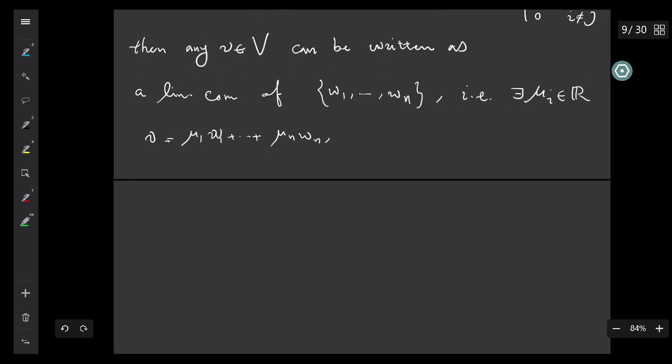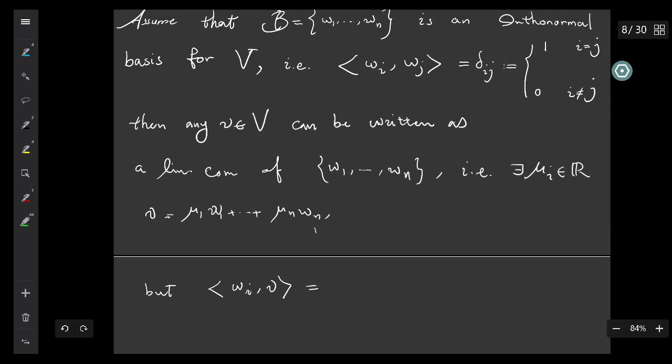And if we take the inner product of v with Wi, Wi kills basically every element here except Wi itself, because this is an orthonormal basis.